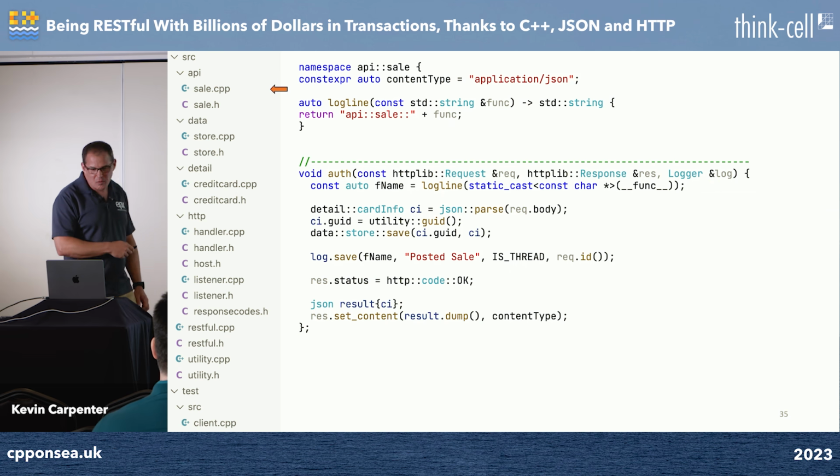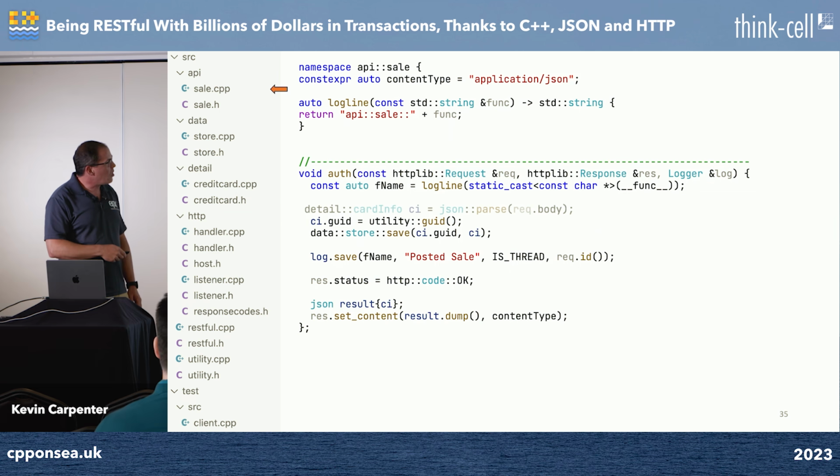Okay, calling out this line, you'll notice we do a JSON parse on the body that's being passed into us. So we get the request, one of the properties on request is body, and that magically gets turned into a card info object, which we'll look at in a minute.